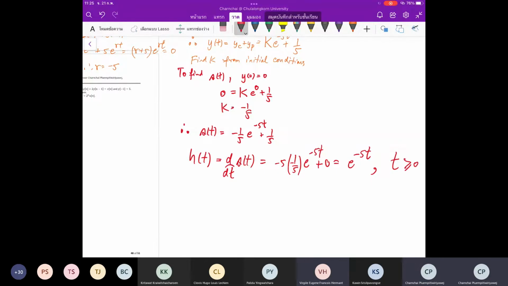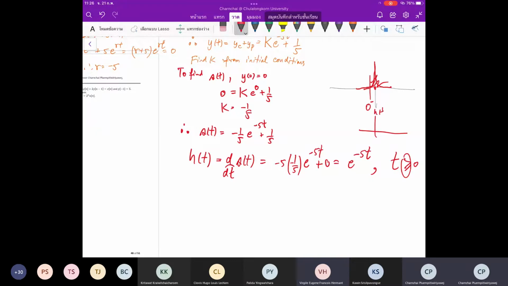Well, actually, the reason I need to include 0 is because the real impulse response is supposed to be like this. It goes to infinity and then stops. So you should include 0, starting at 0 minus, to include something here.